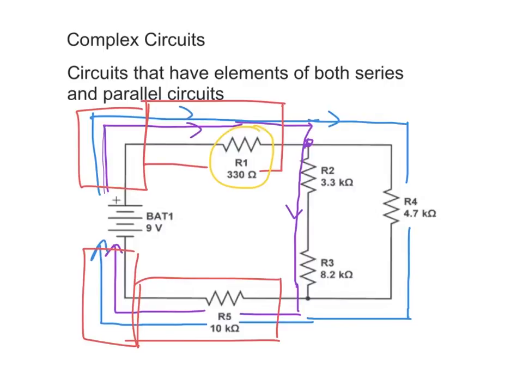So if there is a blank spot, there will be no potential difference and therefore no movement of charge. Which other resistor would cause the same outcome? Hopefully you picked R5 for the same reason, right? If that gap is there, then the purple and the blue loops will both be interrupted.